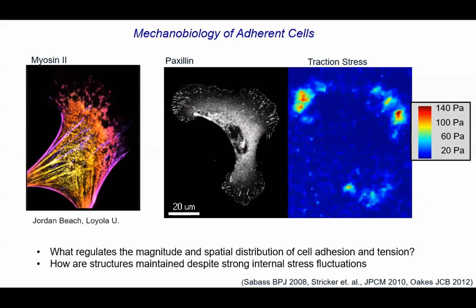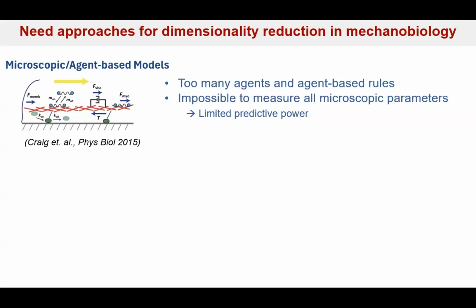Okay, so how do we normally study this, or how do we still study it this way sometimes? This is an example from a collaboration we had with Alex McGillner. One approach we all are familiar with is a microscopic agent-based approach, where we throw in all the collections of what we know about the microscopics of every single molecule.